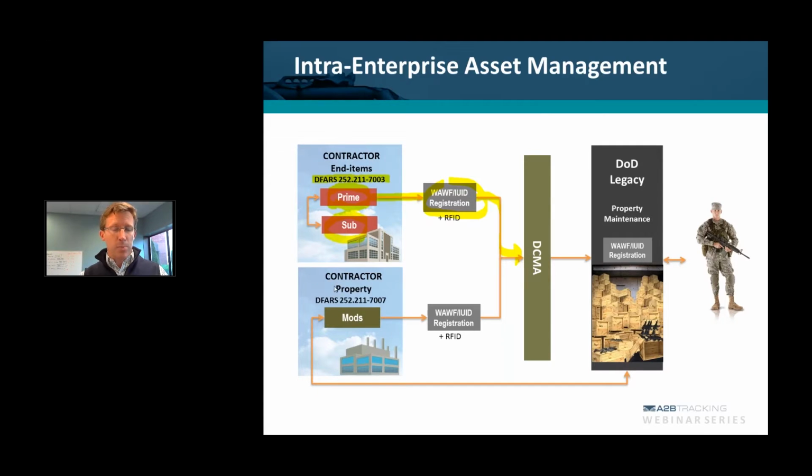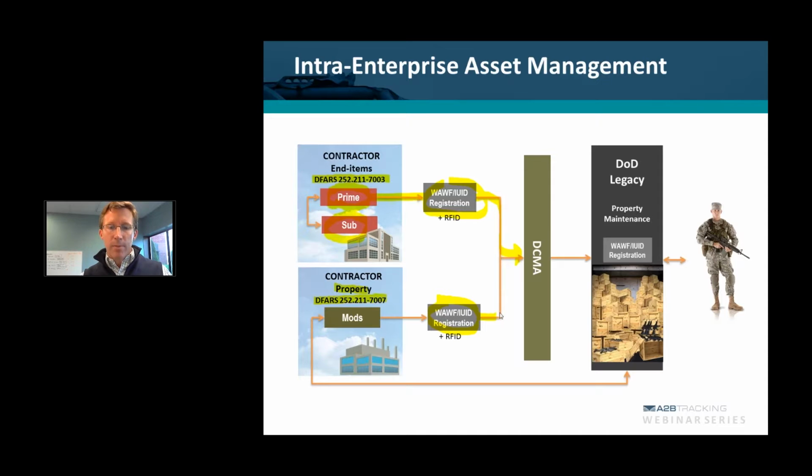If you're a contractor that's responsible for government property, this DFARS clause, the 252.211-7007, which is a reporting obligation, will require you to report your property through to government. This is really where a significant press is being put forth by OSD to make sure that all government property, whether it's serialized or non-serialized, is being reported through to the IUID registry, that government system.